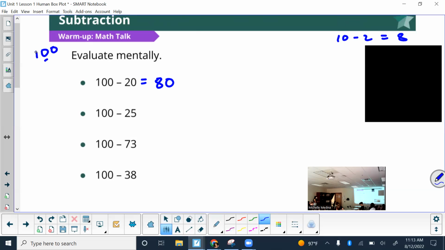Do you visualize it like how we did in elementary school with the 0 and the borrowing and all that? All right, it just depends on what the numbers are. What's the answer, again, without a calculator, for 100 minus 25? 75, and we'll get something different.